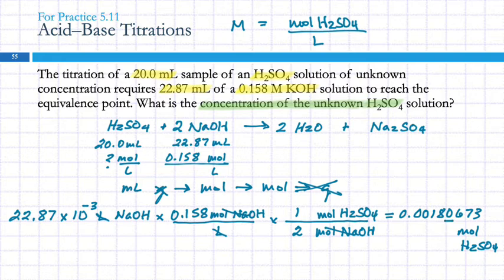When I calculate the molarity using my equation up here, I want to use the unrounded value. Here, my calculator gave me 3 extra digits. I recommend keeping 2 extra. We'll just keep all of them. So now I have the moles of sulfuric acid, and I need the volume in liters.